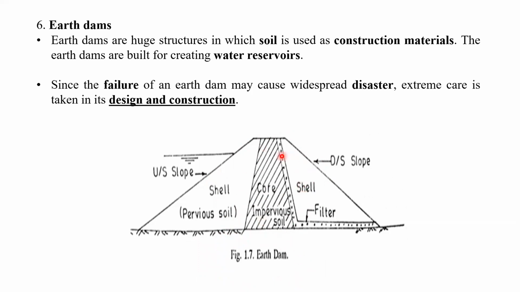All these things should be studied. Then we should go for the design, and we can use a proper core so that we can control the seepage, and a filter as well. In both cases, the physical properties of the earth materials and the foundation materials should be studied. Otherwise, geotechnical field problems will arise.